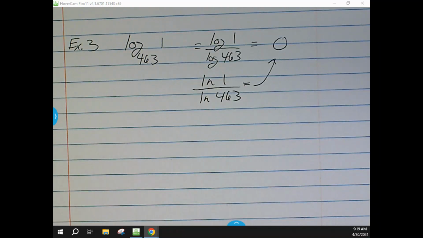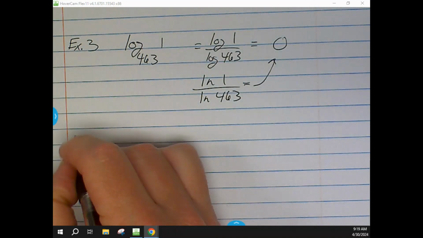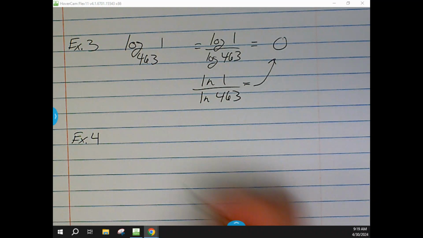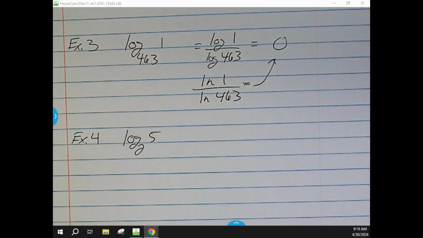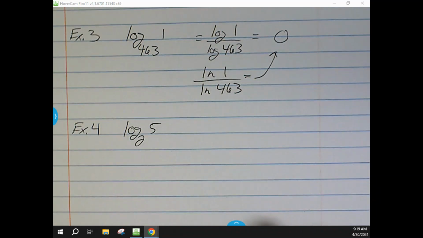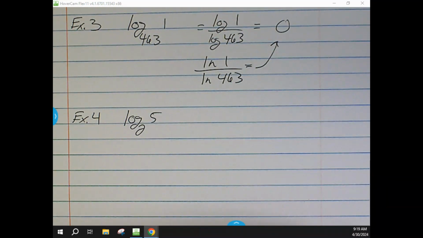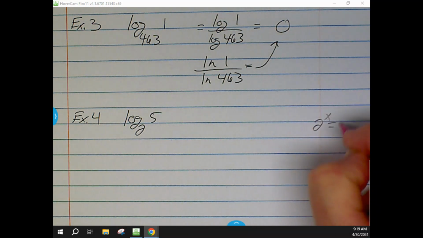All right, now here's what actually comes in handy for these. And this is kind of where we're going for tomorrow when we start solving these and working with different parts and pieces. If you've got the log of 5 base 2, and you don't have to write this part, but if you were thinking about this one, it's 2 to the what power equals 5?